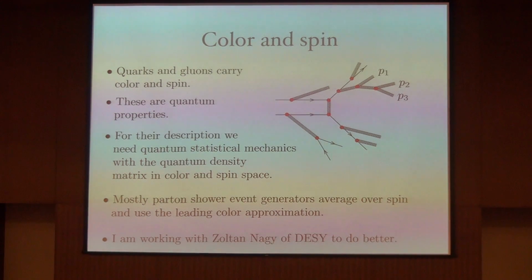So for the description of all of this, we need not just statistical mechanics that I was describing to you before, but quantum statistical mechanics. And you need the density matrix in color and spin space. So, to describe the spin of a photon, that is its polarization, in statistical mechanics, you want a polarization density matrix.